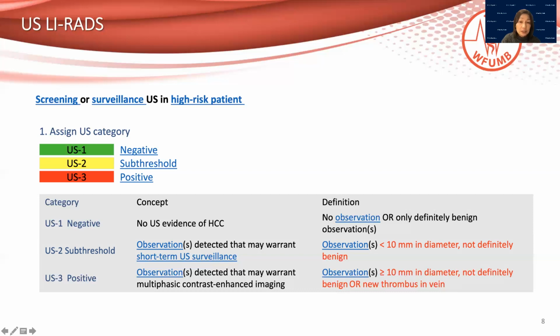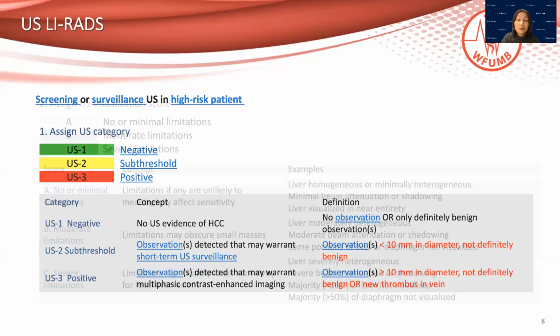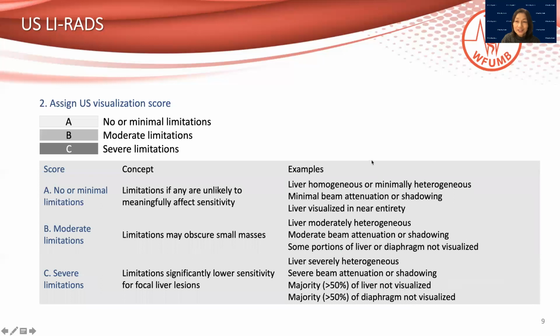So we start with observations, but in ultrasound we really have nodule-based imaging. So we see a nodule; it is a nodule most of the time. So you can start using nodule, but we start with observation, the same as CT MRI. So I may interchangeably use observation and nodules.